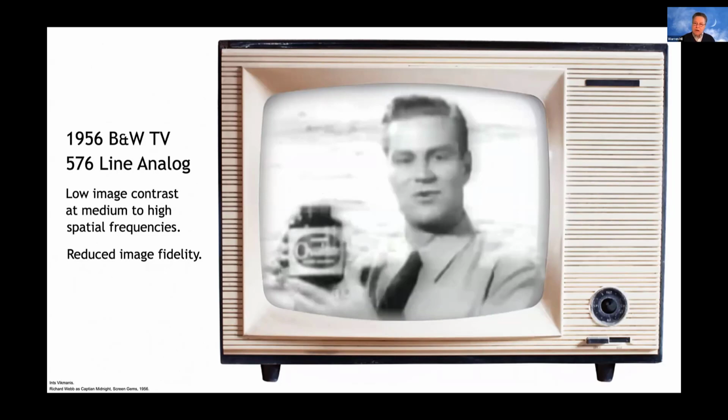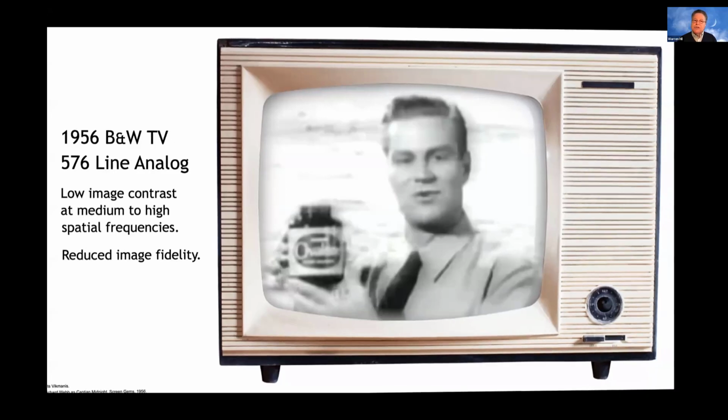Only 525 of those lines were actually used for the TV image. The rest had to do with synchronization and other internal housekeeping things. But the first thing we see is that we have low image contrast at medium to high spatial frequencies. So this isn't a black and white TV, it's really a gray and gray television. And what it had was reduced image fidelity, and this was the technology of the time.